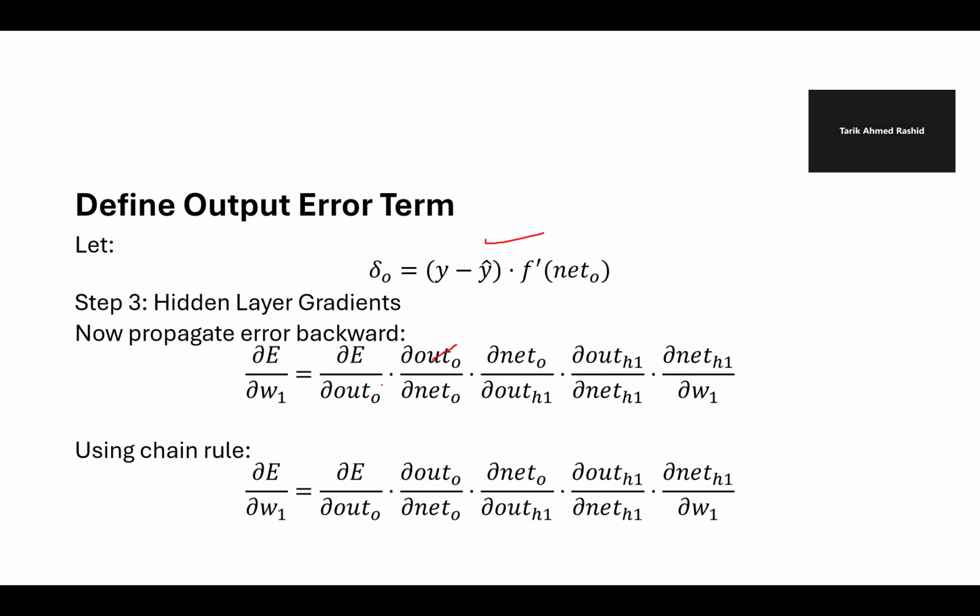Each term goes with its counterpart, and together they equal this part. The chain rule works with the sum of all the deltas in the output multiplied by the next terms.